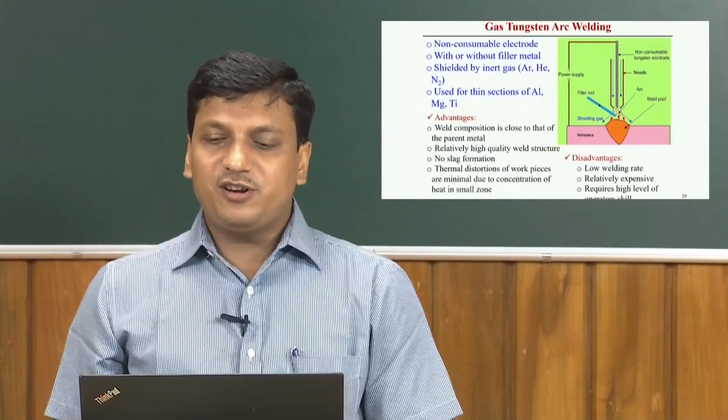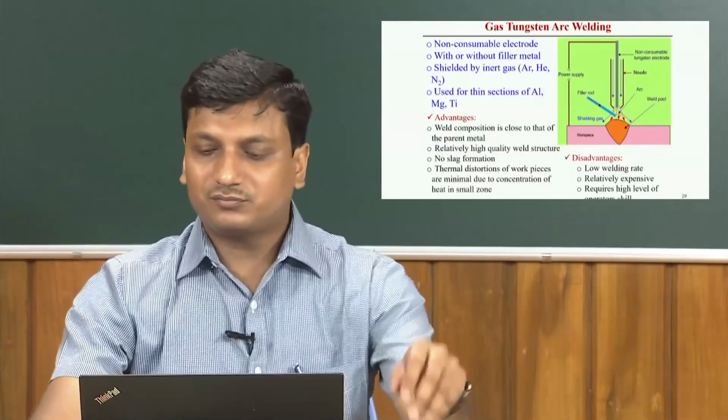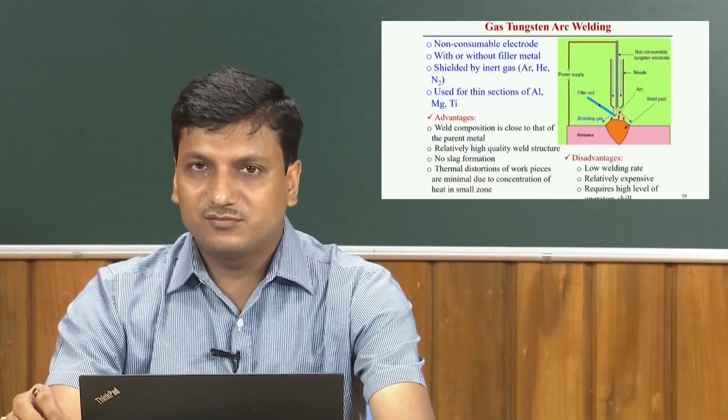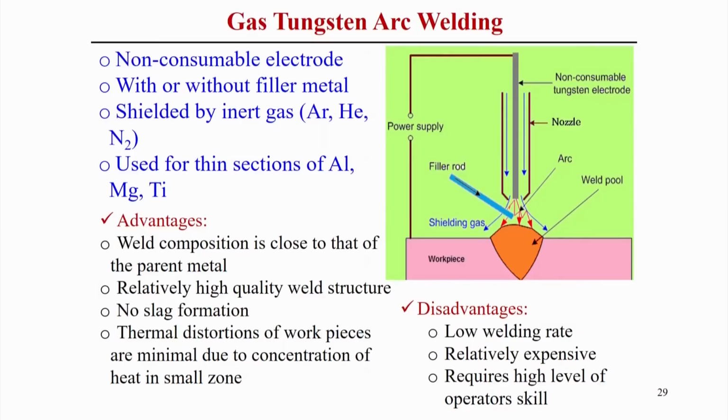From that point of view, gas tungsten arc welding is one of the most widely used welding processes, specifically when you try to join very thin metal and there is no need of any filler material.